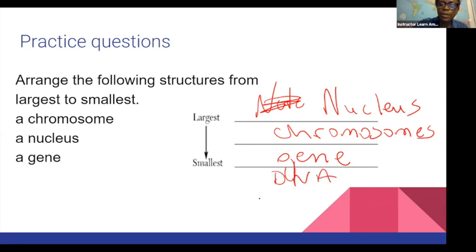Go smaller than that will be a DNA nucleotide. All right, if we wanted to go smaller than that, that would be our bases, like our sugar, this deoxyribose, our phosphate group, and our bases. That's what we would find here, even smaller.